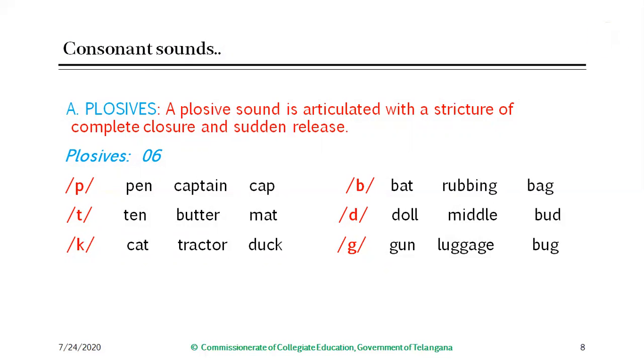There are 6 plosives in the English language: pa, pen, captain, cap. While articulating this kind of sound, the stricture of air is completely closed and released suddenly.